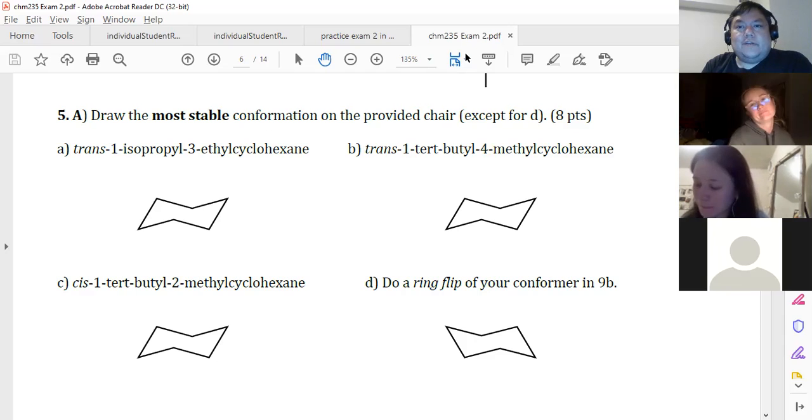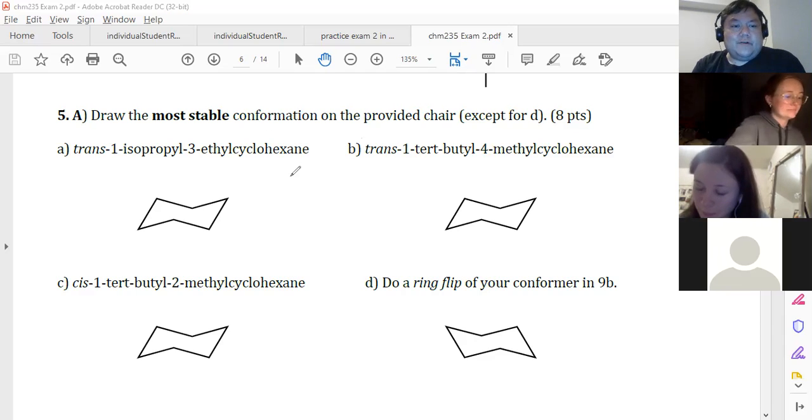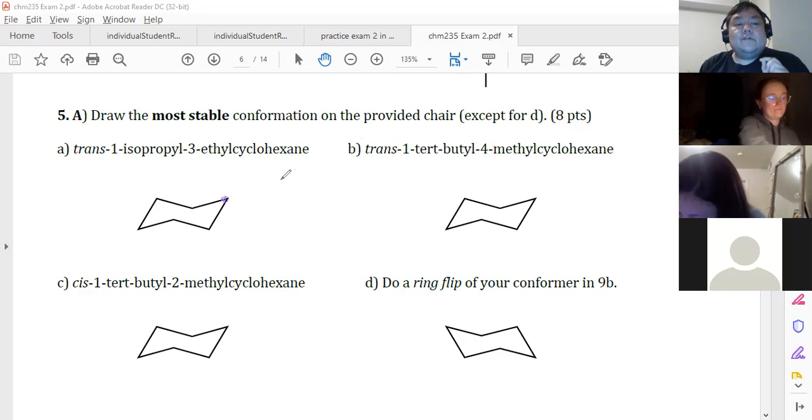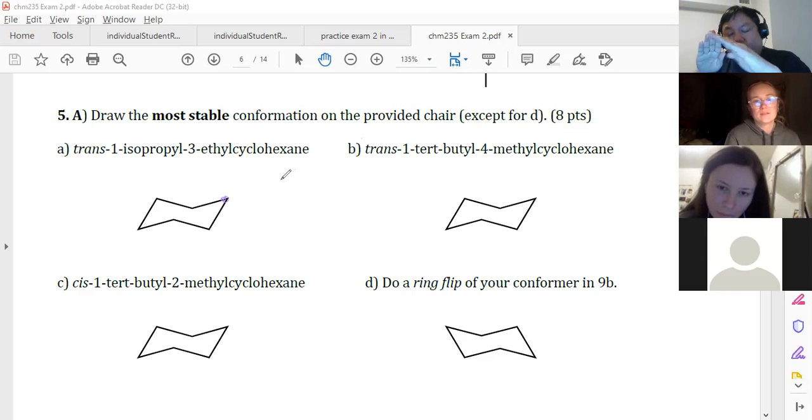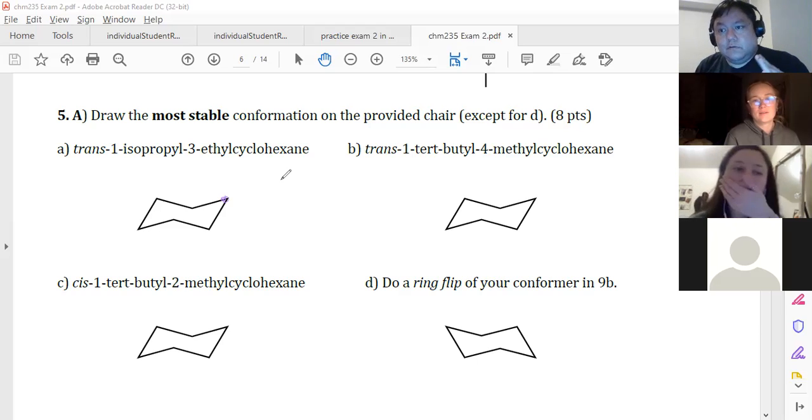Okay, so I'm going to just circle that and put a dot here. This one? Yeah. Okay, so is my equatorial going up or is it going down here at this carbon? Up. It's going down. Oh. Because remember, the lines going to the carbon are pointing which direction? That tells you the direction of the axial.